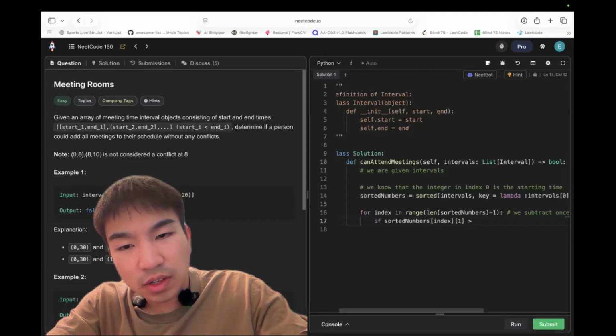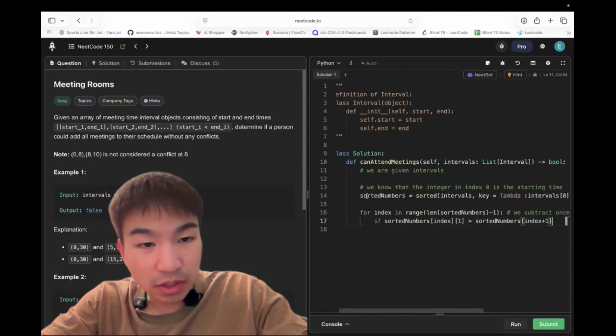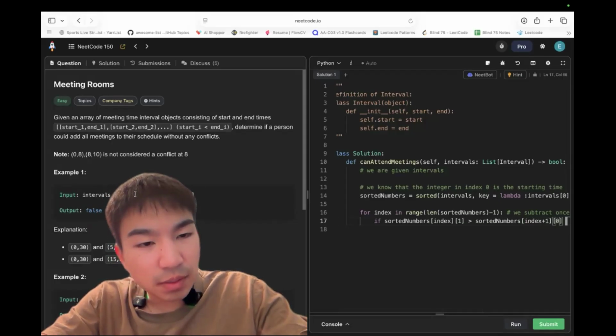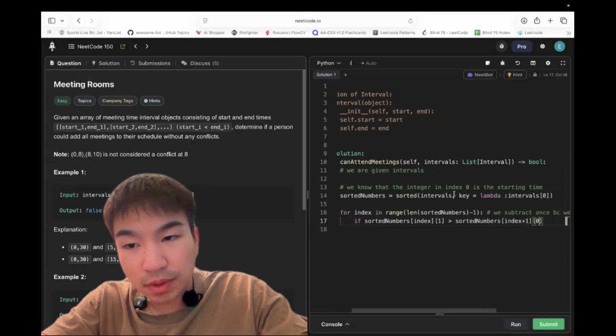If this is greater than sorted numbers at index plus one, that's how we're looking to the future. For this one we want position zero. That's why you compare 30 with 5, and because 30 is bigger than 5, we return false.